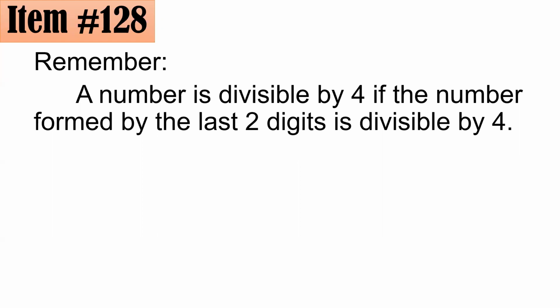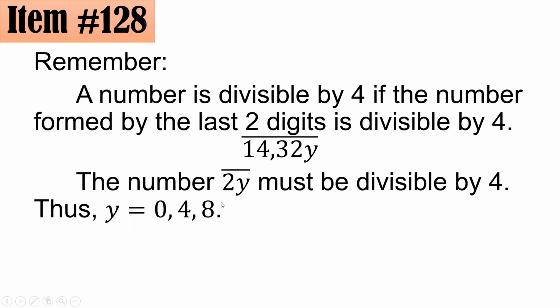Yung number na formed by the tens and ones digit is divisible by 4. So if you have this 5-digit number, it follows that the number 2y, yung tens digit niya 2, yung ones digit niya y, must be divisible by 4.